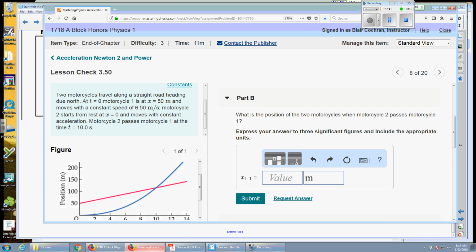For motorcycle 2, I know where it starts, its starting velocity, I don't know its acceleration, but I do know how long it moves for. So I know a lot more about motorcycle 1 than motorcycle 2, but I know they'll be at the same position.